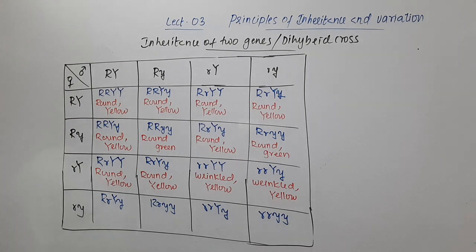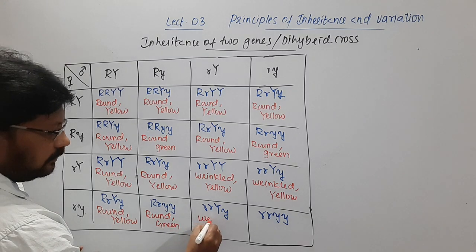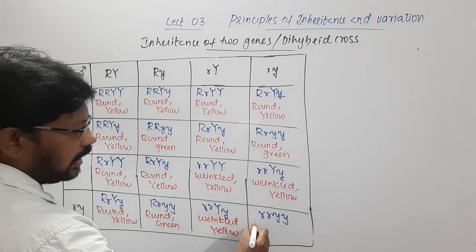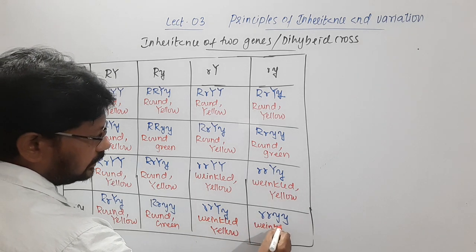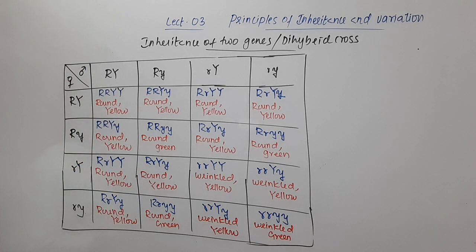And coming to the last row, again we can see round yellow, and this is round green, this will be wrinkled yellow, and lastly it is wrinkled green. So this is how we get the Punnett square.